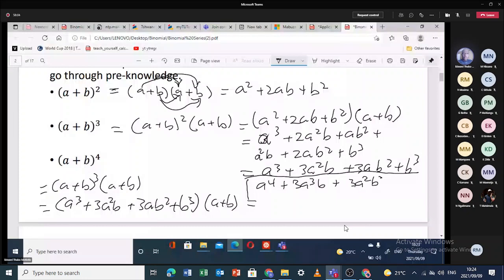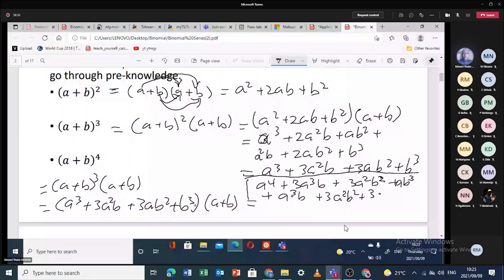Now multiplying by B is A to the power 3 B plus 3A squared B squared plus 3AB to the power 3 plus B to the power 4.